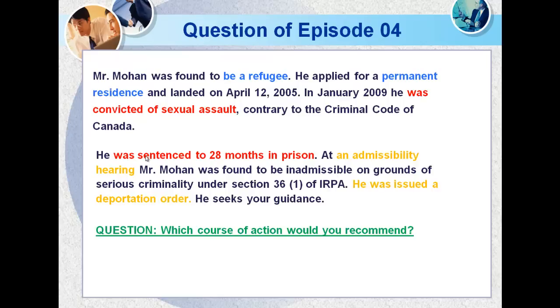It's a sentence of 28 months. And then what else? An admissibility hearing. Then he got the result: he was issued a deportation order. That is the whole scenario, and you have to think logically about who.